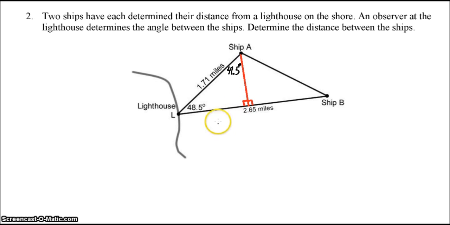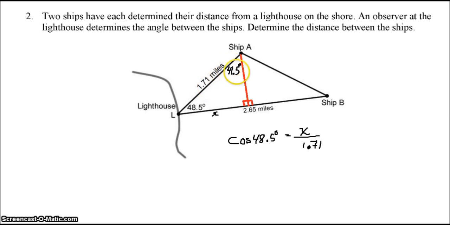Let's find this side. Let's call it x. We know that cosine of 48.5 degrees equals the adjacent x over the hypotenuse 1.71. Notice that I picked cosine because I knew this angle and I had the adjacent and the hypotenuse.